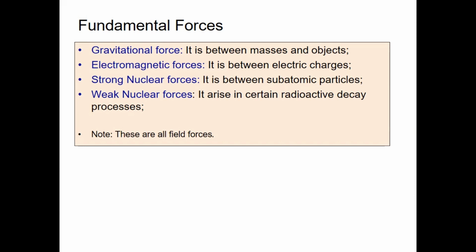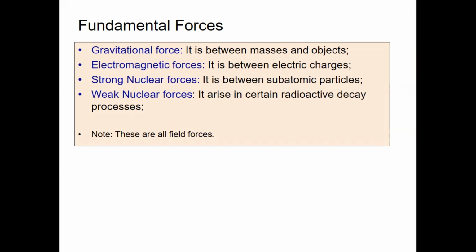The weak nuclear force has also led scientists to discover the principles of unification, and now we know that the weak nuclear force, at very high temperatures, can become the electromagnetic force.